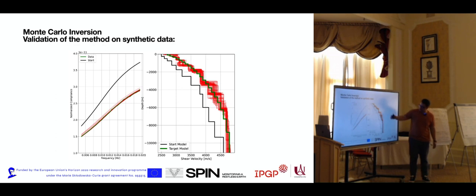And this is the shear velocity that we can retrieve, almost 20 layers. This one is 11 or 12 layers, but I tried 20 layers up to 14 or 15 kilometers of shear velocity.